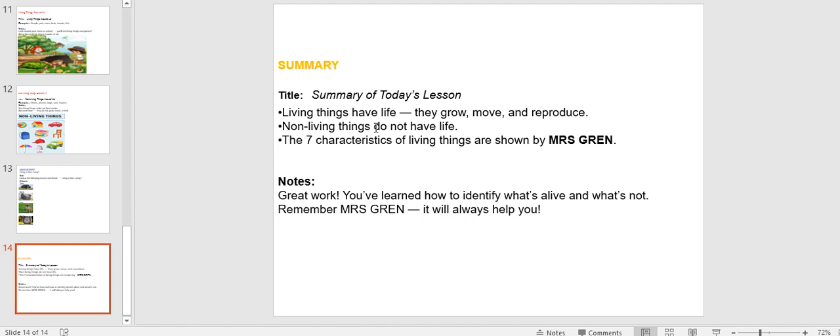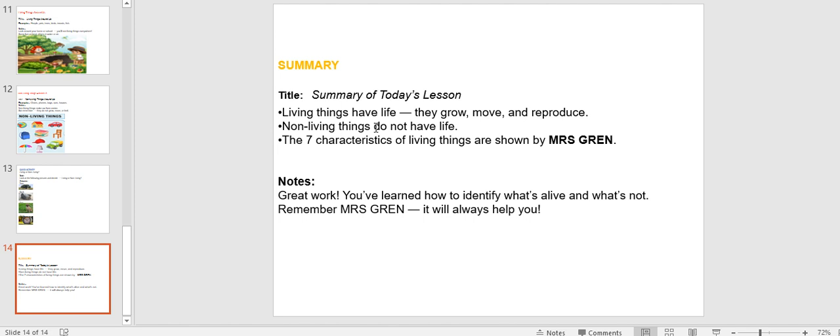Summary of today's lesson. Living things have life. They grow, move, and reproduce. This is what we have been saying throughout the whole lesson. Living things are able to reproduce, are able to move, they are able to grow, they have life. Non-living things do not have life.